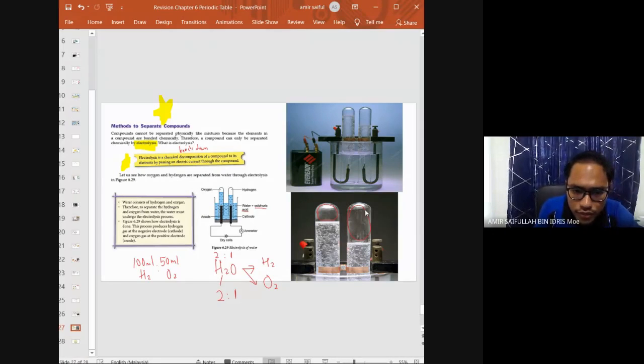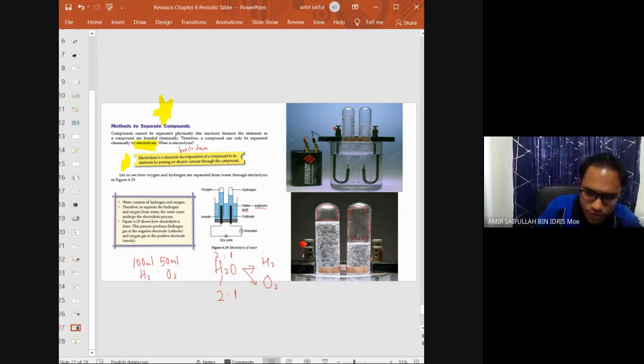So can you guess what is inside here? What gas is inside here? Correct. So this gas is hydrogen because it is more than oxygen. So you see its quantity is double.